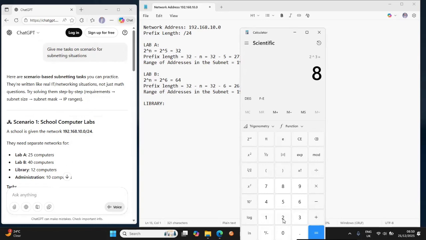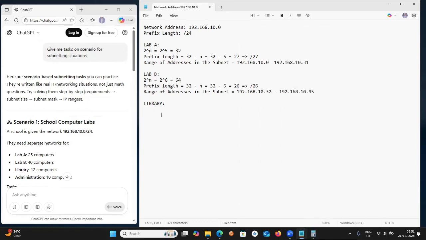So 2 raised to power 4 is going to be 16. So 2 to the power of n is 2 to the power of 4, which is 16.